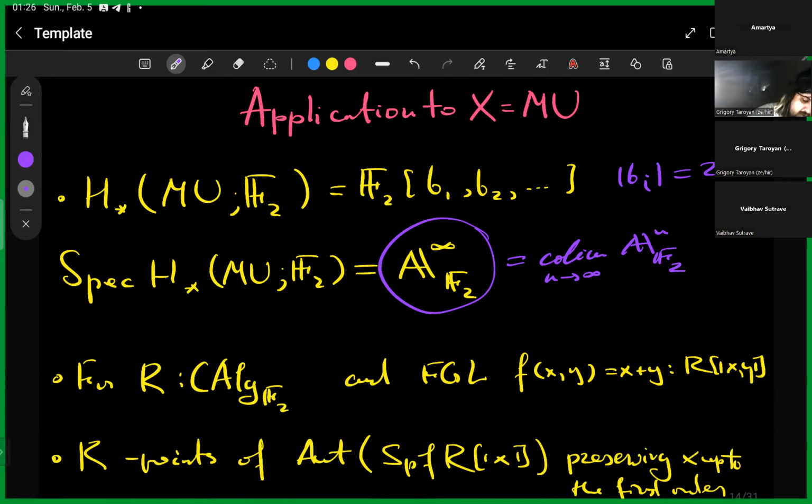And assume that we have a commutative algebra R over F2 and a formal group law, which is just additive.